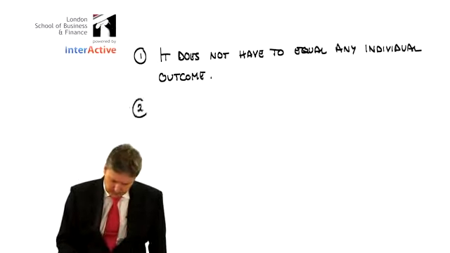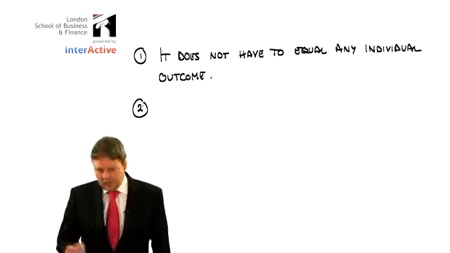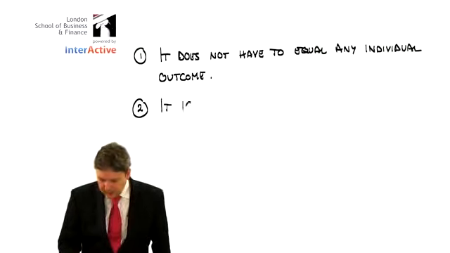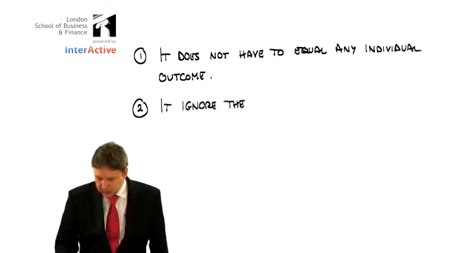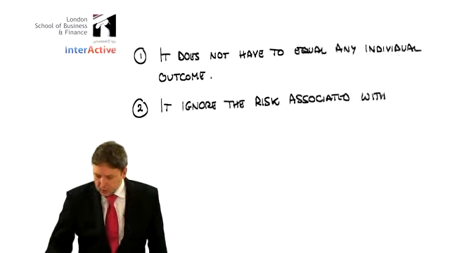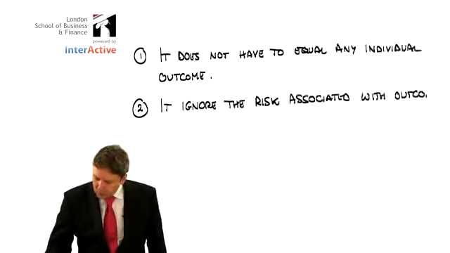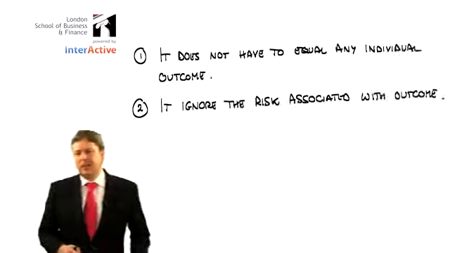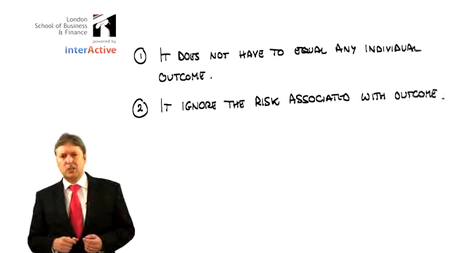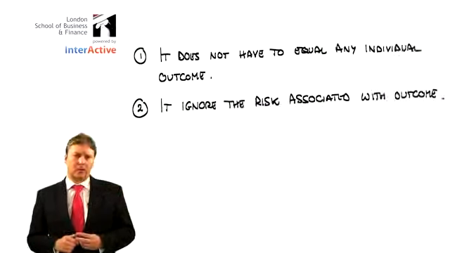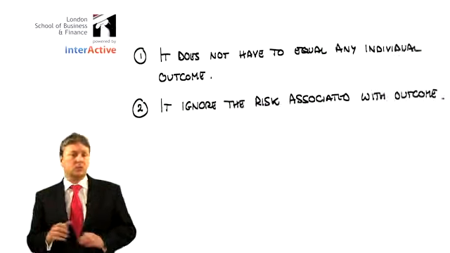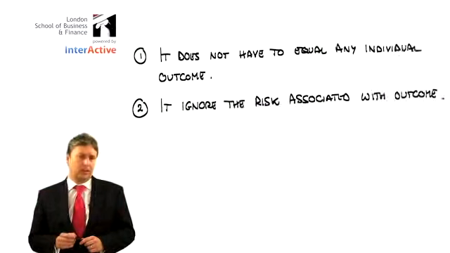Secondly, when we look at expected value, it ignores the risk associated with the outcomes. What I'm trying to get at there is that in the example we've just seen, the range between the worst, 100,000, and the best, 300,000, was, say, £200,000.